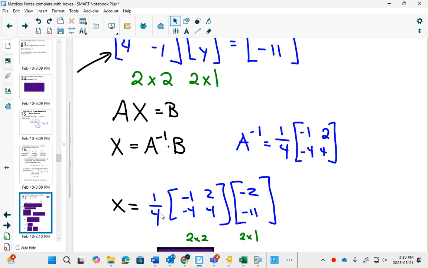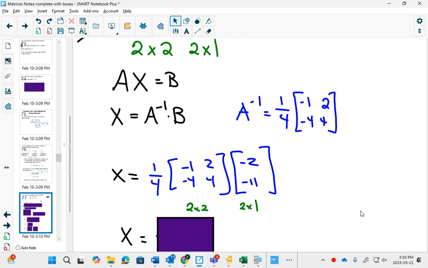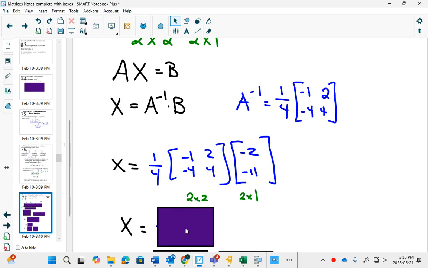Now you're going to have to multiply these two. This is a 2 by 2. This is a 2 by 1. We're going to get an answer that's a 2 by 1. And I kept the 1/4 out in front. So like -1 times 2 is -2, 2 times -11 is -22, add those up, -20.